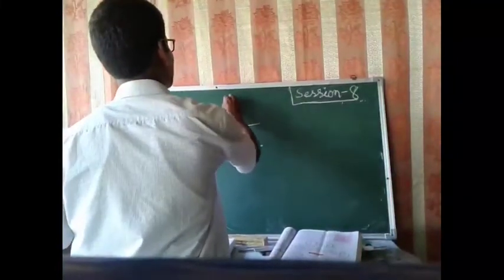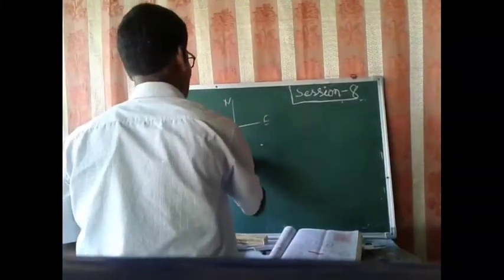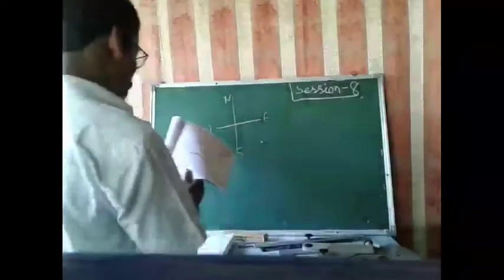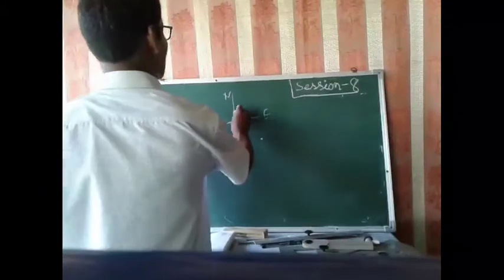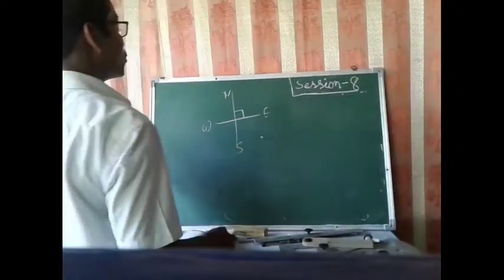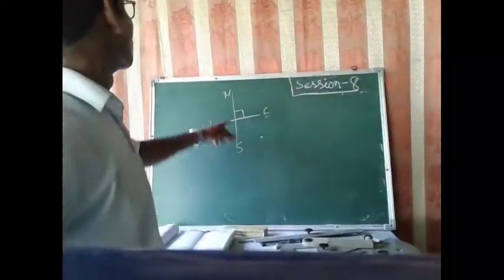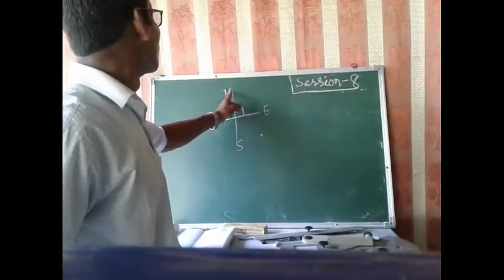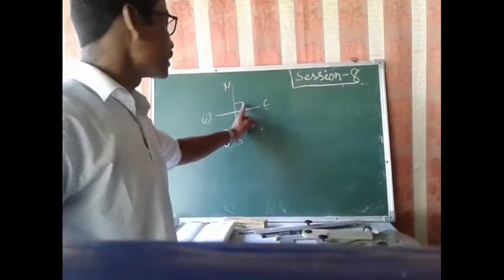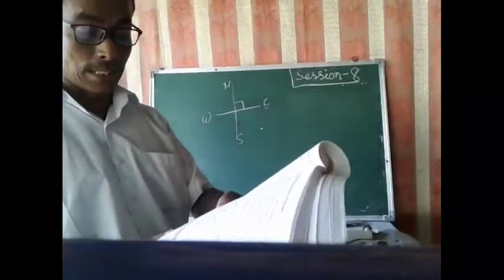Sub question 3: the angle between north direction and east direction. This is north, east, south, west. This is one quadrant, which is equal to 90 degrees. The angle between north and east is 90 degrees.